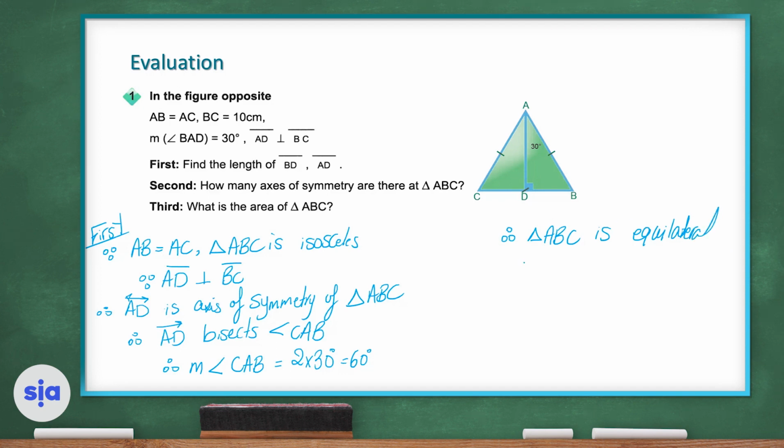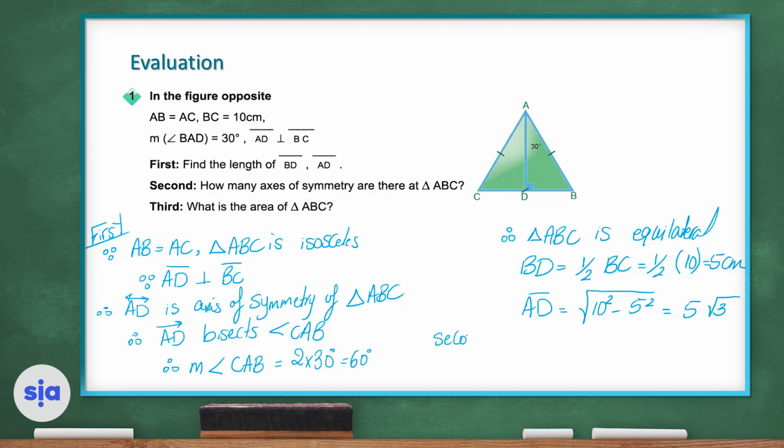So BD is half the BC, which is half the 10, which is 5 centimeters, where AD, we get it by Pythagoras, is the square root of 10 squared minus 5 squared, which is 5 square root of 3.